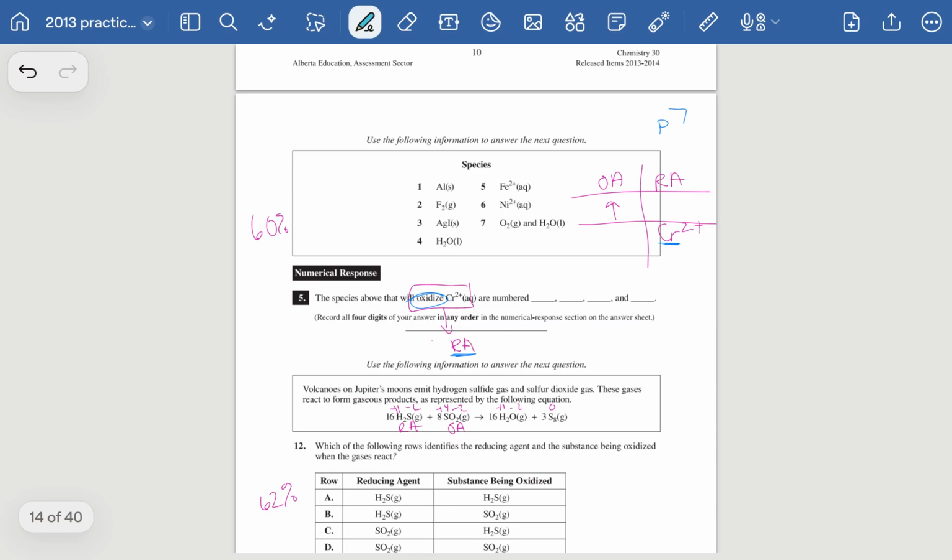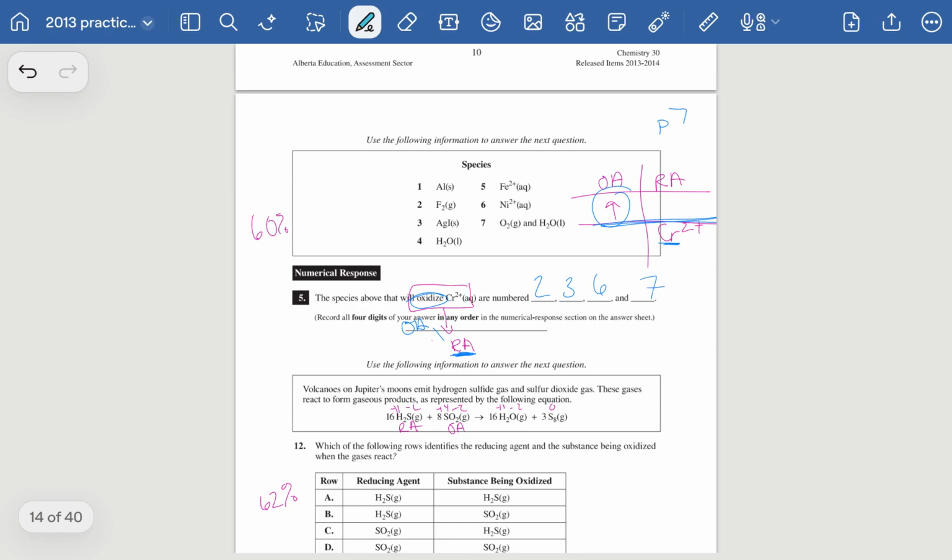Now, if you're able to oxidize the RA, that means you're spontaneous. So you need an OA on the table above it. So anything above the chromium 2 positive as an OA can oxidize. So just going through placement, it would be F2, so fluorine gas would work, AgI would work, number 6, the nickel ion will work, and number 7.